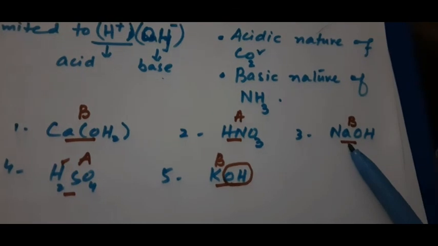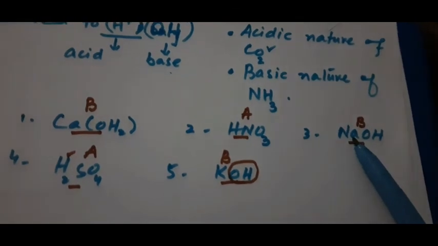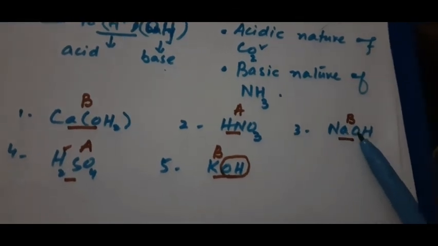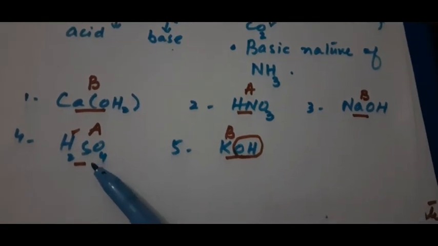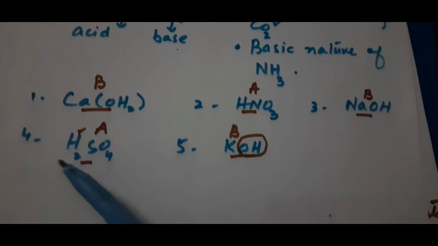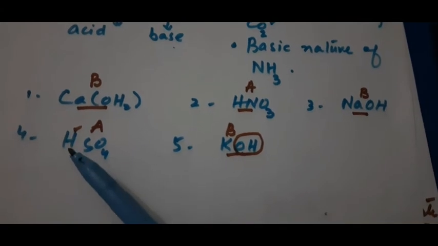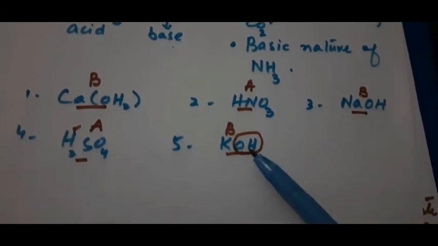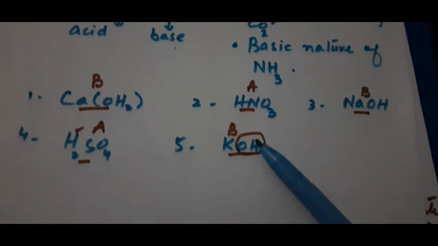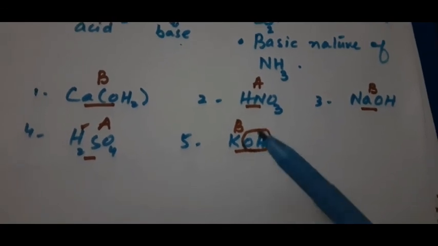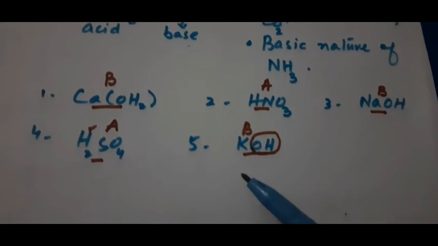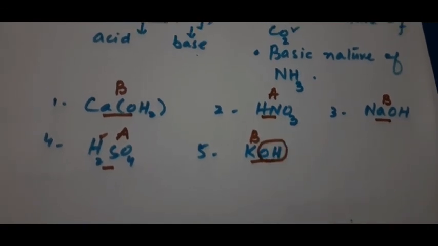Sodium hydroxide is basic in nature because it gives you OH ion. Sulfuric acid, H2SO4, is acidic in nature because it gives you hydrogen ion. Potassium hydroxide is basic in nature because it gives you OH ion when dissociated in aqueous solution. Hope you understand the concept.